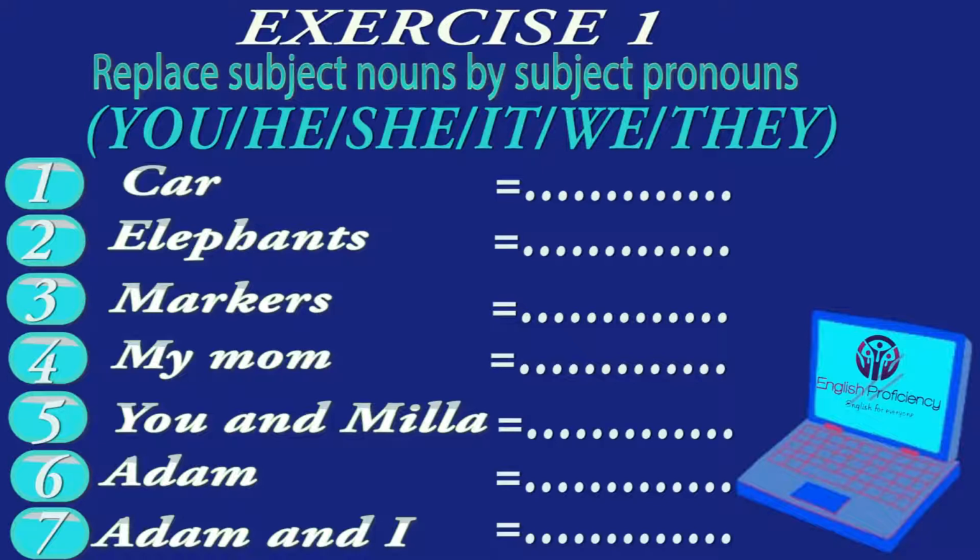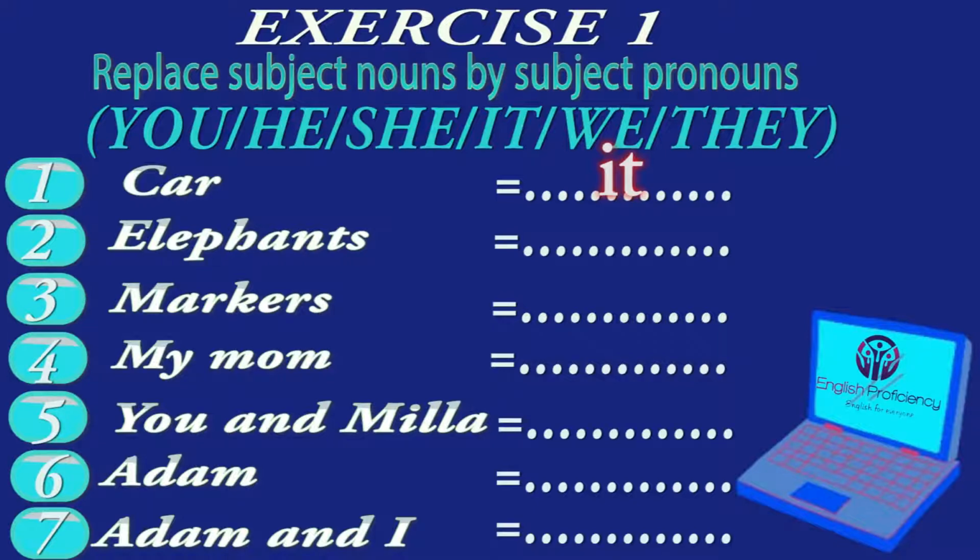Now let's see the answers. Car. Car is an object. It is not a person. It's absent and it is singular. Therefore, its subject pronoun is it. Elephants is plural and absent.